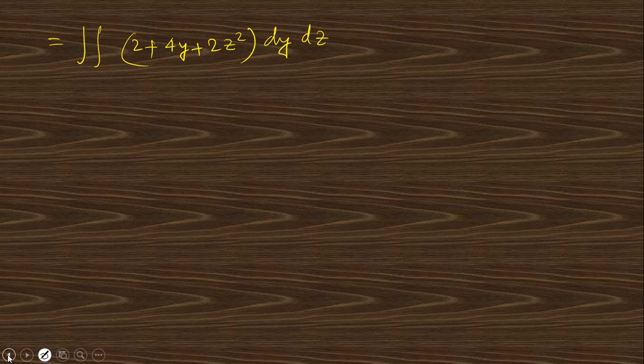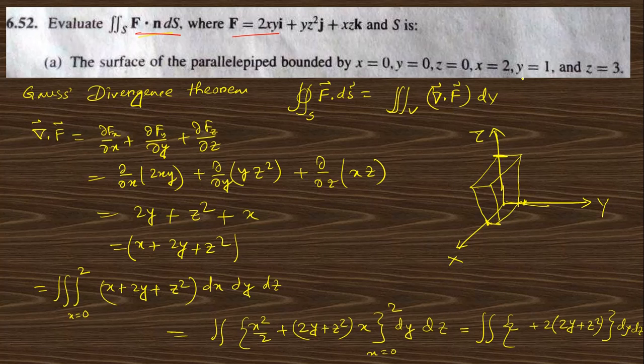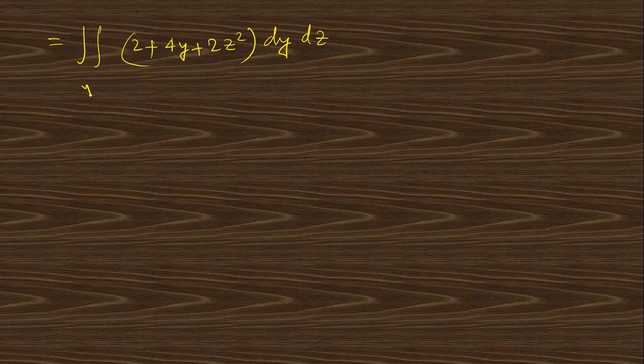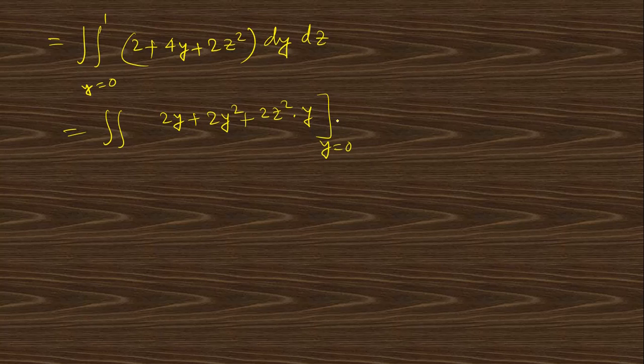The value of y changes from 0 to 1. Integrating gives 2y plus 2y square plus 2z square times y, with y from 0 to 1. Put y is 1, so this is 2 plus 2 plus 2z square, dz.